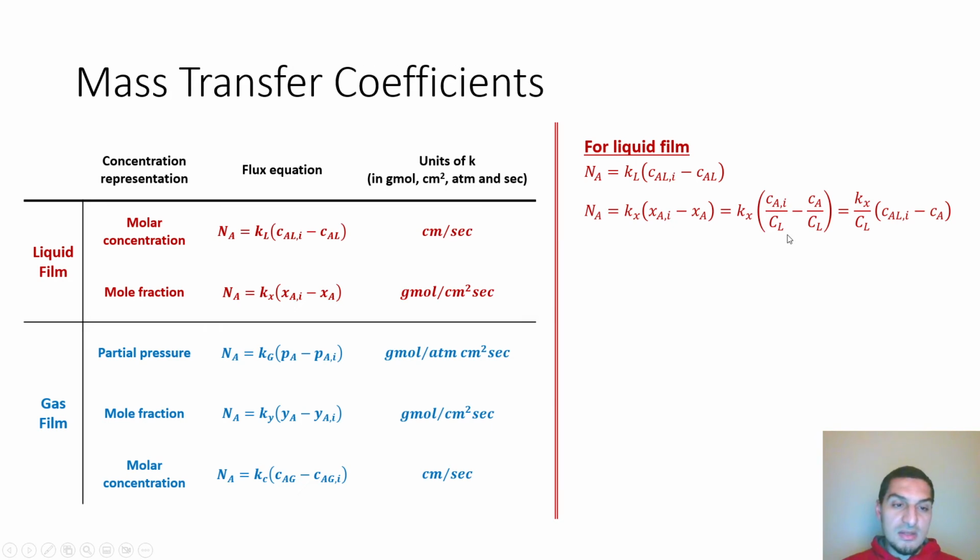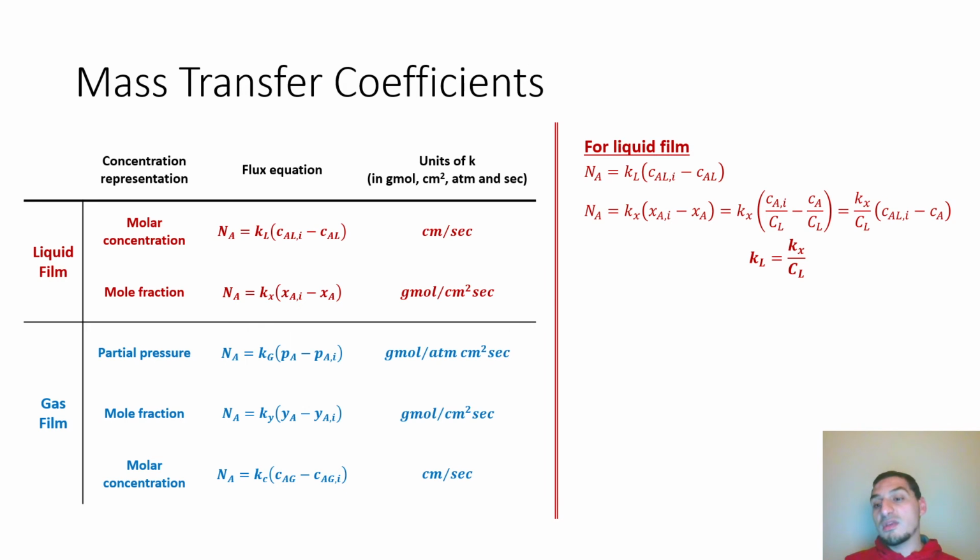CL is the same in both, so I can take it as a common factor. So the equation is kx divided by CL multiplied by CA interface minus CA. This is exactly the same as this, because it's the same system. So here I can say that KL equals kx divided by CL. So there is a relation between the mass transfer coefficient with the units of concentration and the mass transfer coefficient with the units of mole fraction.